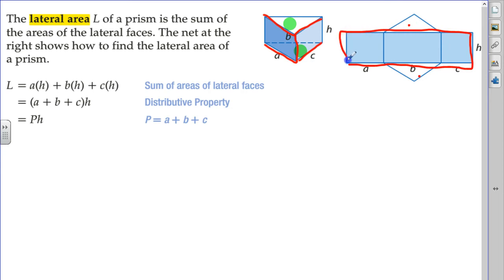To find the area of that rectangle, it's all three sides of the bases, A, B, and C, added together and then multiplied by the height. So the formula for lateral surface area is A plus B plus C times the height, which is the perimeter of the base times the height.